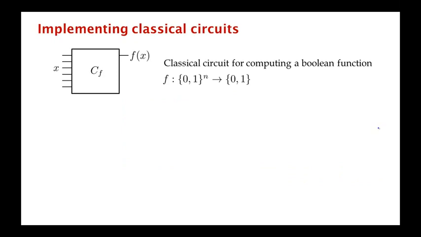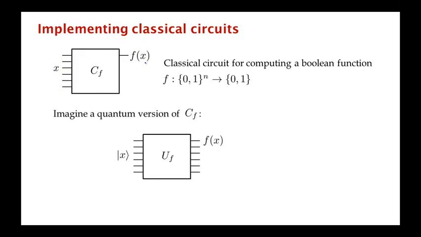Okay, so now let's see what this means if you're just trying to implement a classical circuit. For example, a classical circuit might take as input n bits and output 1 bit, and it's computing some Boolean function f on input x. So now, how would we actually compute this quantumly?